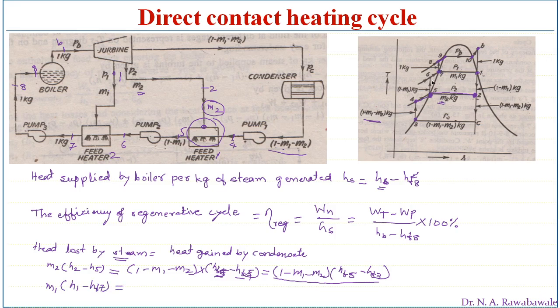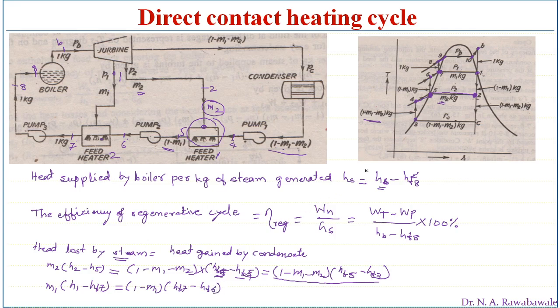Whereas the condensate is heated from point 6 to 7. So the amount of heat absorbed by water is between 6 and 7. The mass of water is 1 minus M1 kg, and its enthalpy increases from 6 to 7, so we can say HF7 minus HF6.